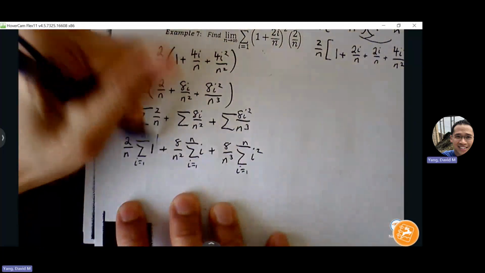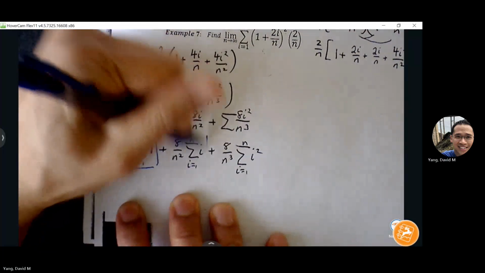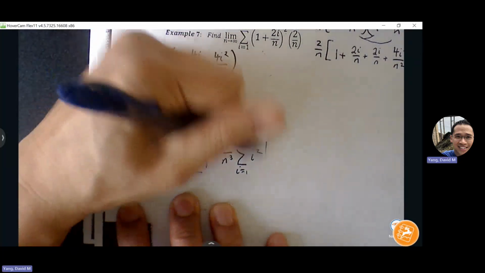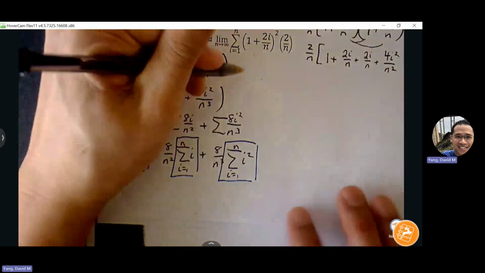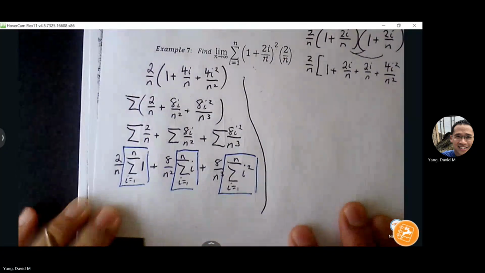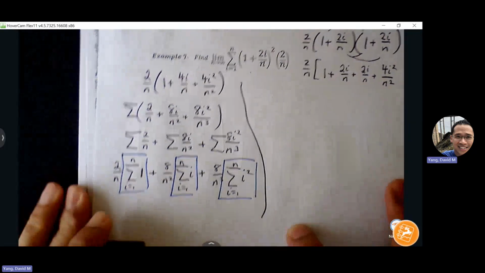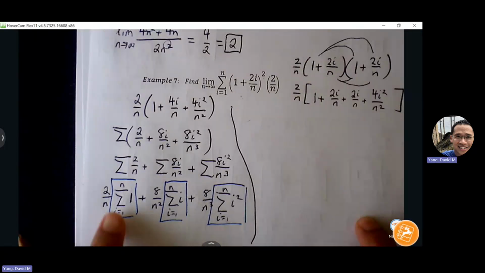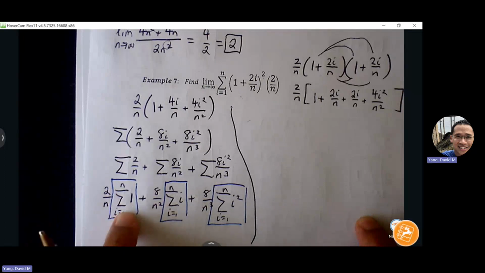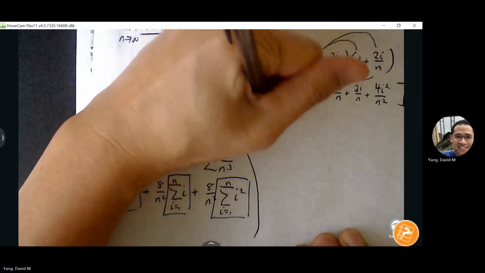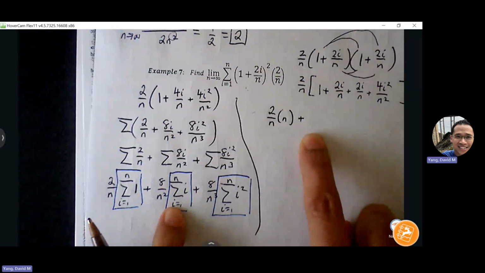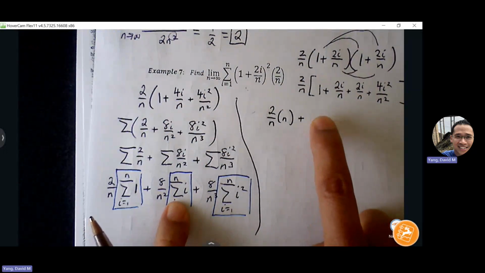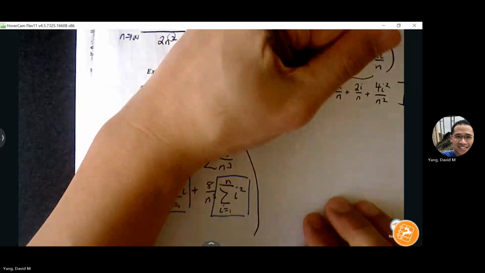Okay, let me box off the parts that I want to convert using my summation rule. Anything in front is just going to hang out until things are ready to combine. Summation 1 gets replaced with not 1, but n, yeah. Summation i is n times n plus 1 divided by 2.